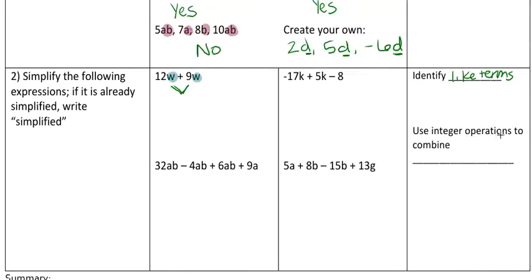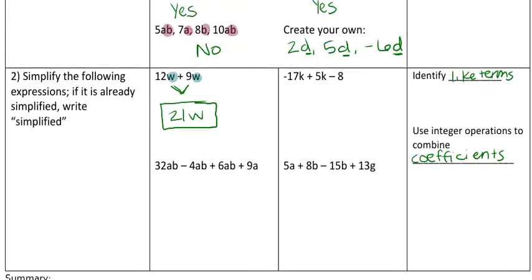We use our integer operations to combine coefficients. Our coefficients are the numbers next to the letters. So we're going to do 12 plus 9. So 12, 13, 14, 15, 16, 17, 18, 19, 20, 21. So 21, and then we keep the w. If I had 12 w's plus 9 more w's, I would end up with 21 w's.